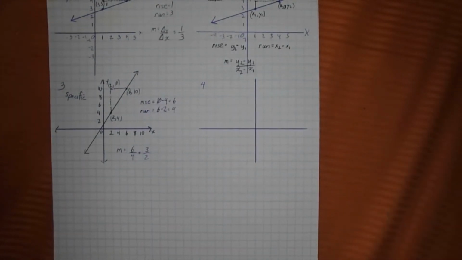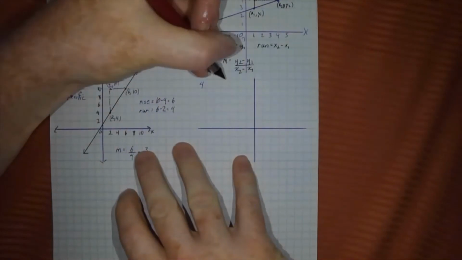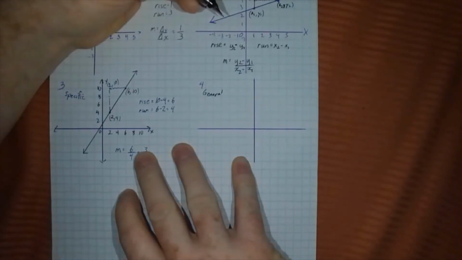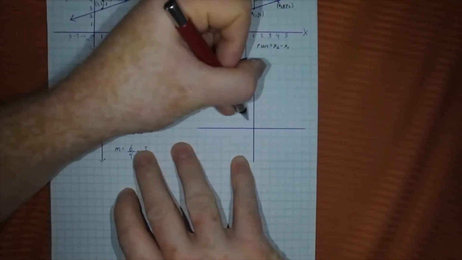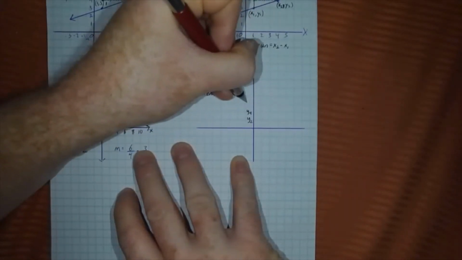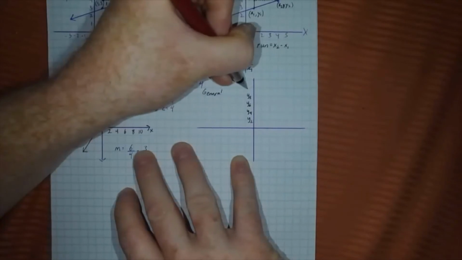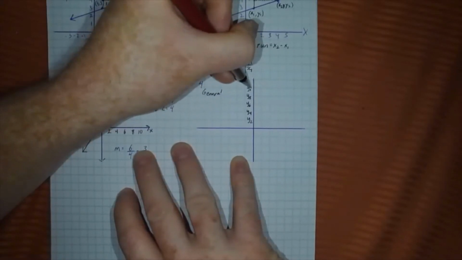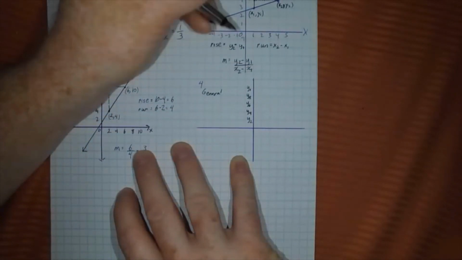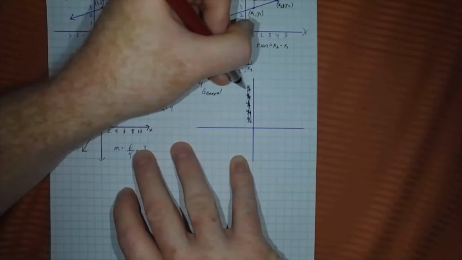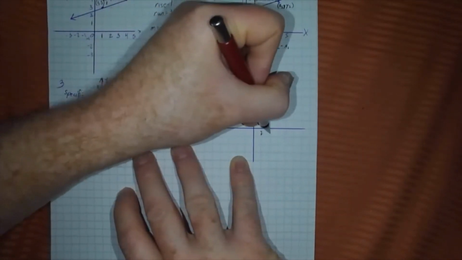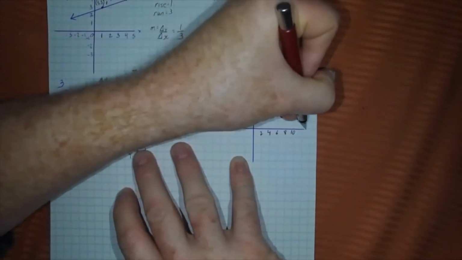Now let's do another general. 2, 4, 6, 8, 10. 2, 4, 6, 8, 10.